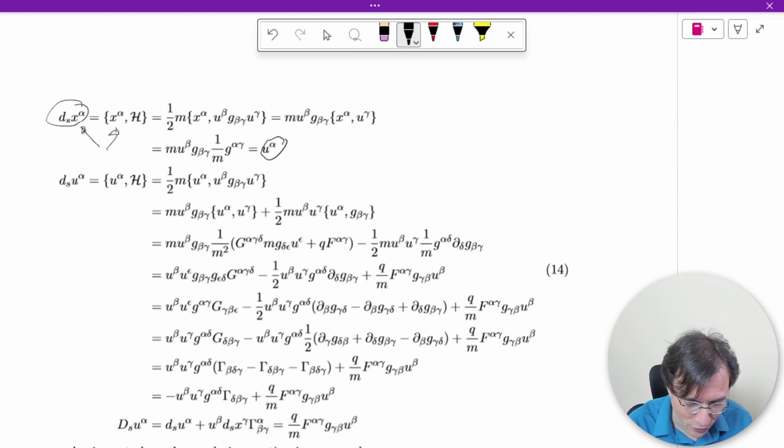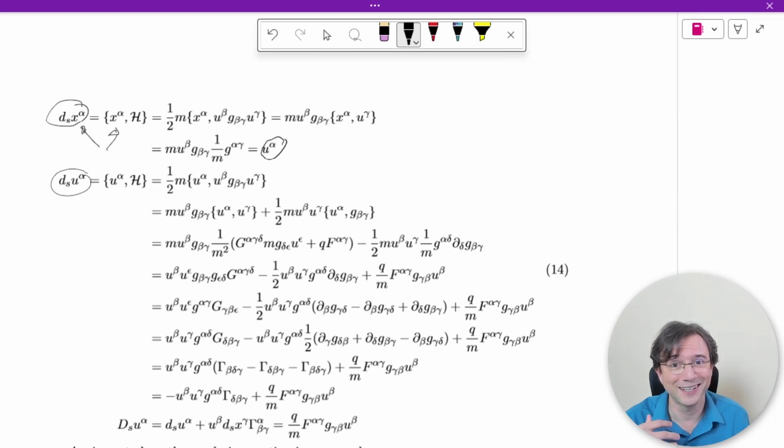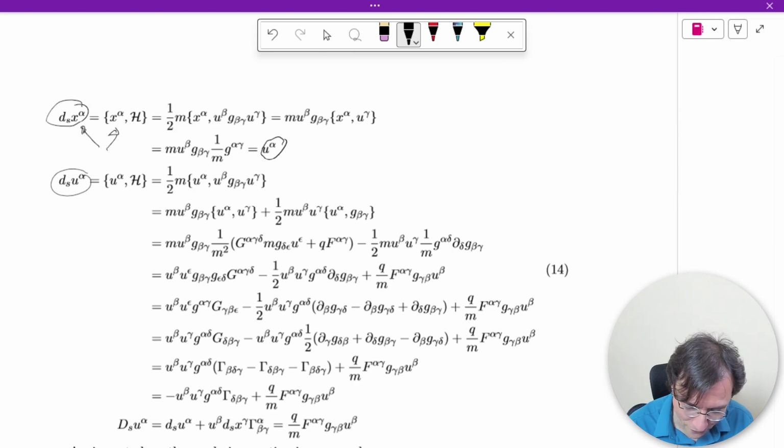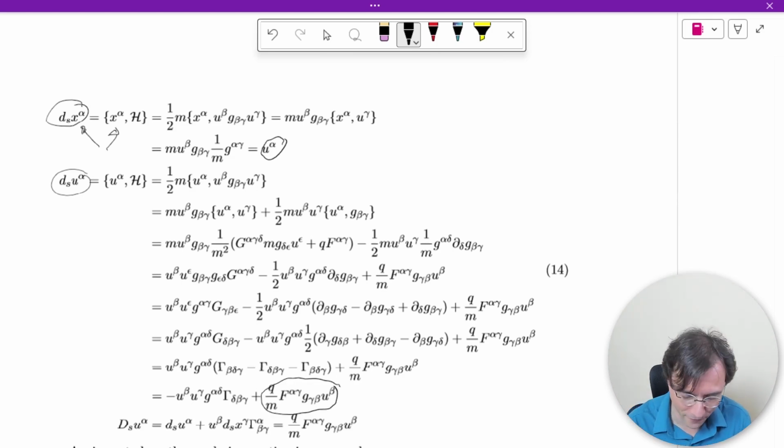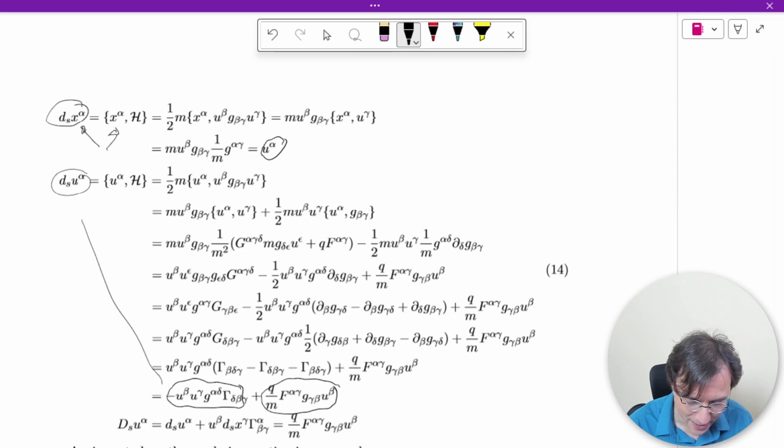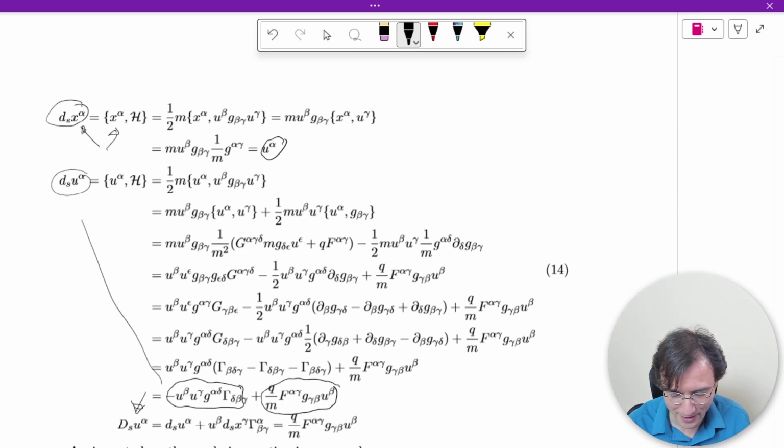Then you're able to calculate the derivative of the velocity, the acceleration, and you find here the term given by the force, and the other part here, which, combined, become the covariant derivative, and so you have the equation of the geodesic.